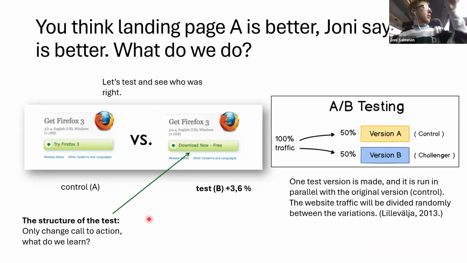So for example, we could have this situation where people think that a certain landing page works better than the other, and it's just a case of then testing it.